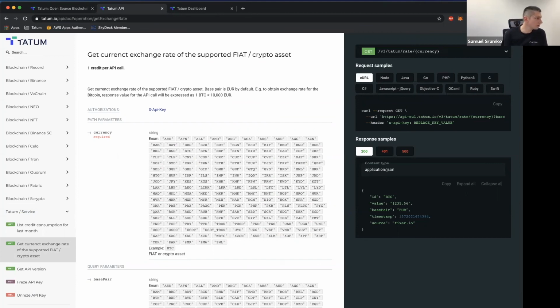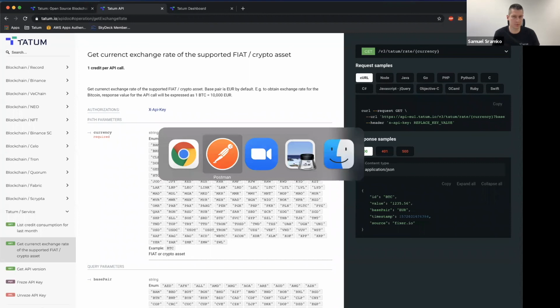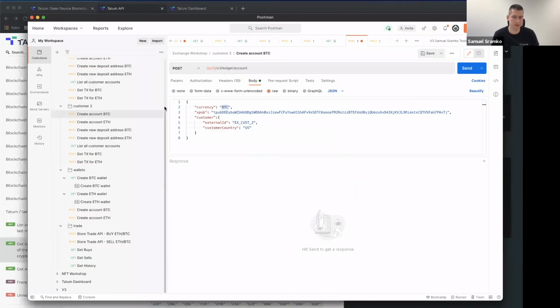Question from Fernando: can you elaborate more on how I could do trading of NFTs to a coin through Tatum? Do I need a wallet for the NFT, or can you store it? The NFTs are quite tricky, because we do not support NFTs as a currency for creating a ledger account.